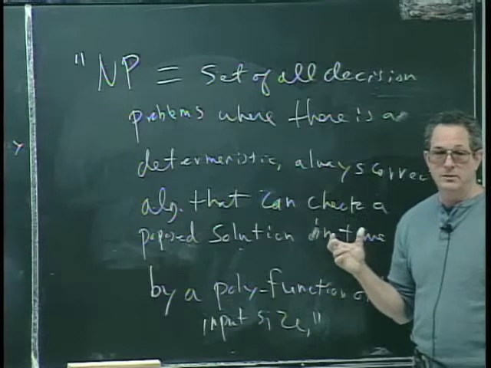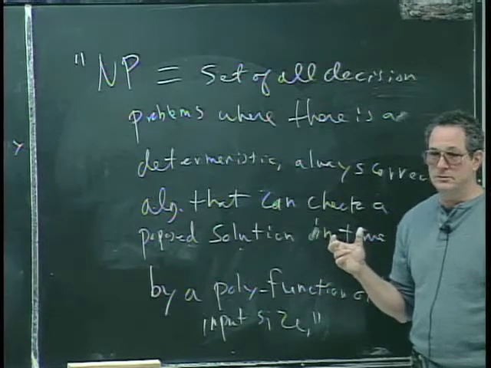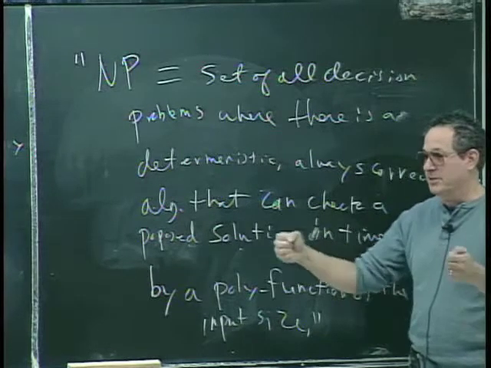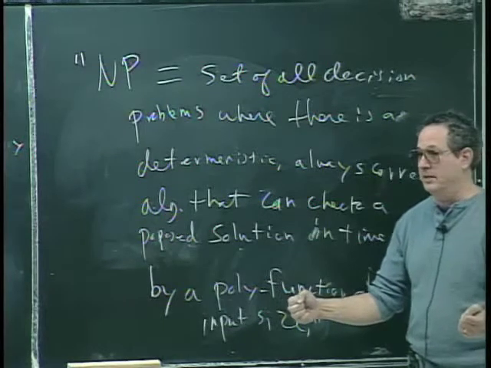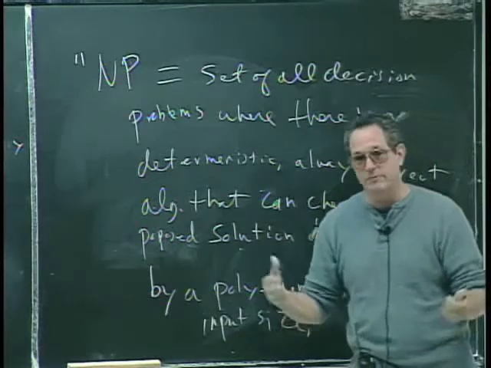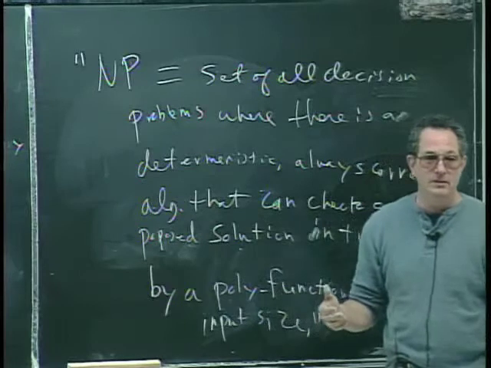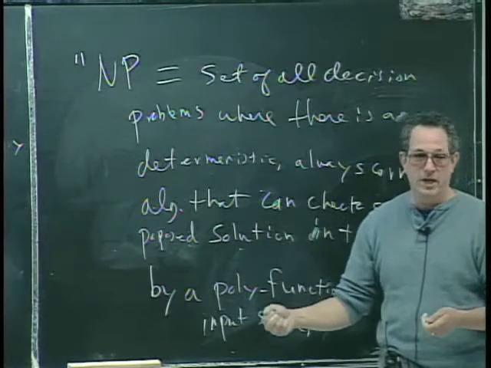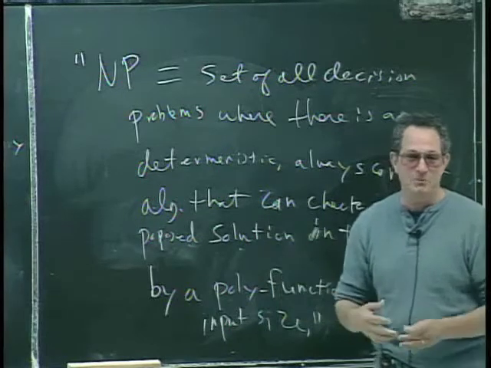So what is a proposed solution? The word yes or no. So you're given this gigantic number, and the decision question is, is it prime or not? Do we have a nice checker for that? If the proposed solution is the word yes, does that really help you? You're back to the same problem.